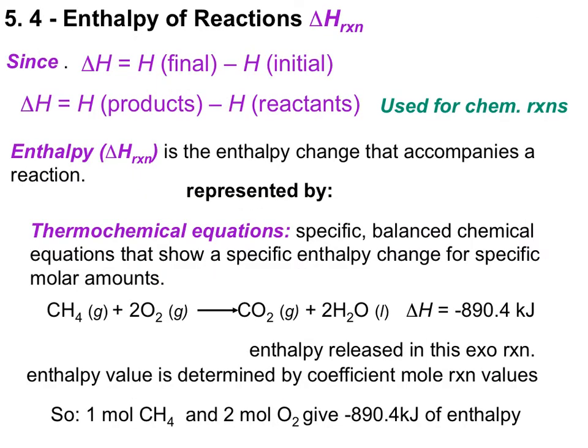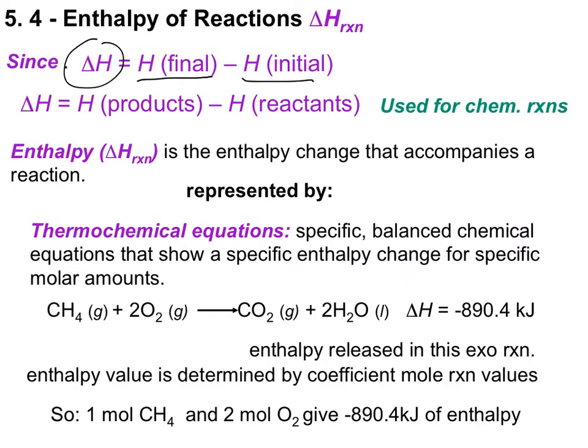So enthalpy, as we just discussed in section 5.3, is something that we use to monitor the heat flow in reactions. Delta H, or change in enthalpy, is equal to a final enthalpic value minus an initial enthalpic value.